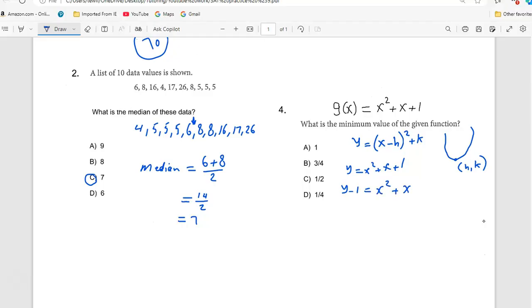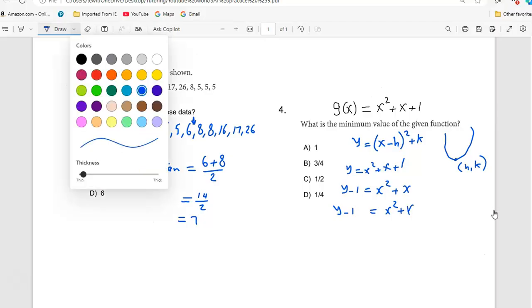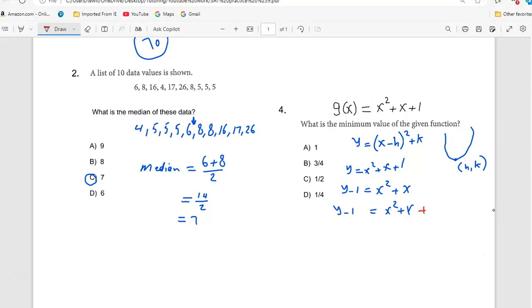Now I have to add something to make it a perfect square. To make that perfect square, there is a number I have to add to the right side. And what is that number? Whatever is in front of the first degree term, which is 1, I'm going to divide by 2 and square the result, right? So I have y minus 1 equals x squared plus x plus 1/2 squared.